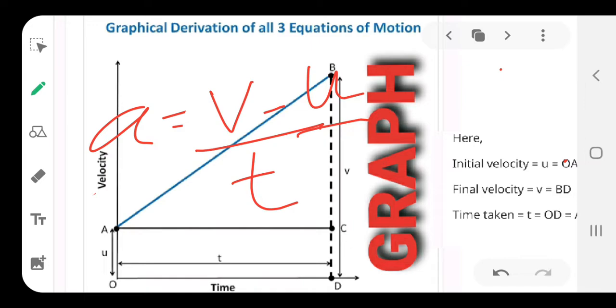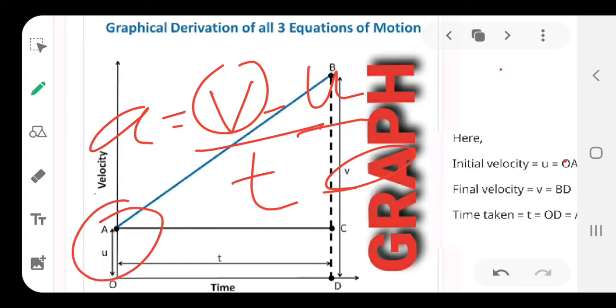Now, in this graph, if I ask you what V is here, you can see V is the complete BD, OA is the initial velocity and OD is time. So you can first write that a equals complete BD minus OA over the time axis, that is OD.